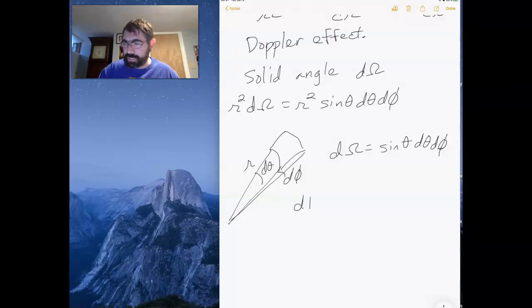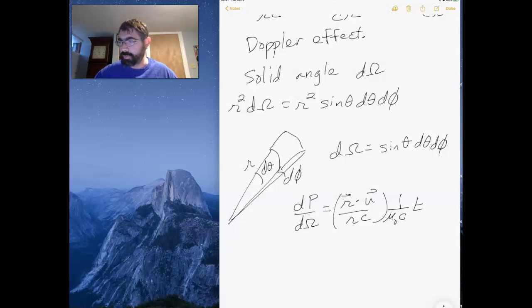It just depends on the angles. So the change in power with respect to the solid angle would be r dot u over rc times 1 over mu naught c, the radiation from the field, times r squared.